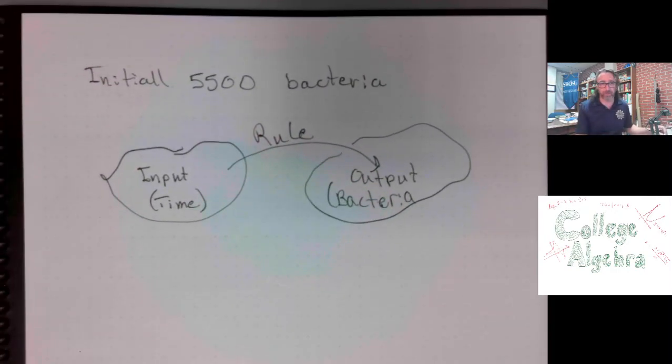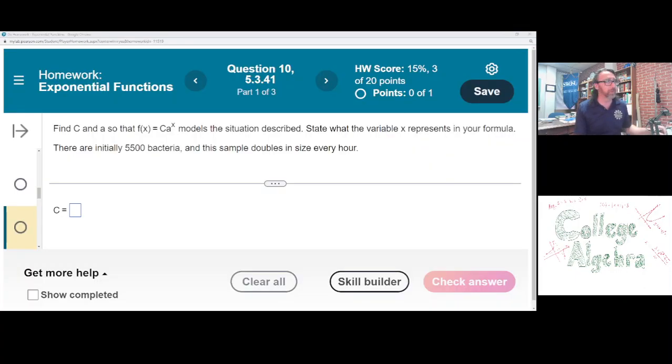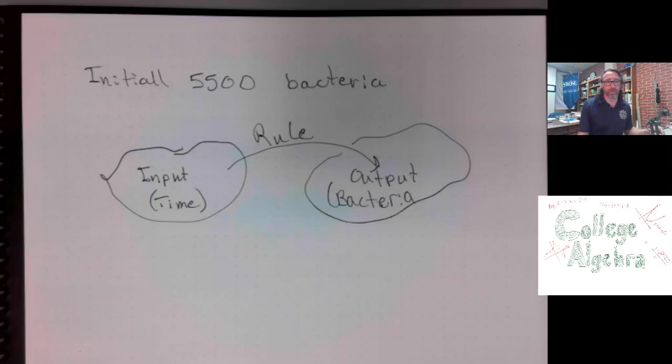Now, they tell us in the problem that the starting number of bacteria is 5,500, and then it doubles in size every hour. Sorry, after 1 hour, that happens. After 1 hour, we double, and we have 11,000.